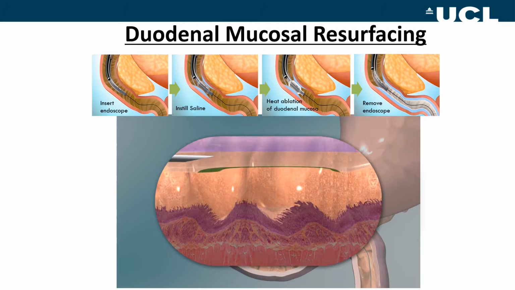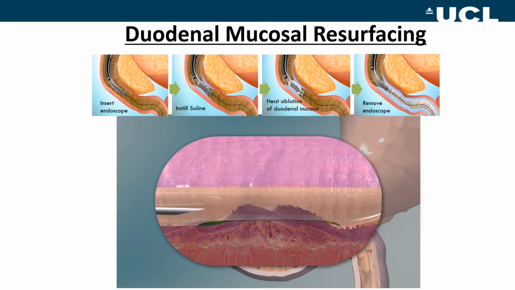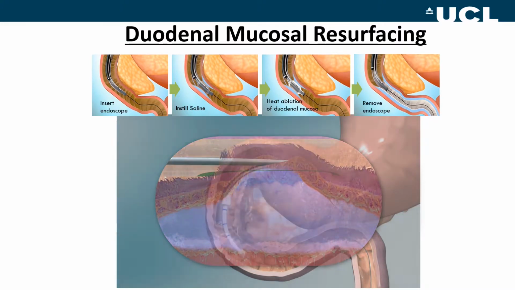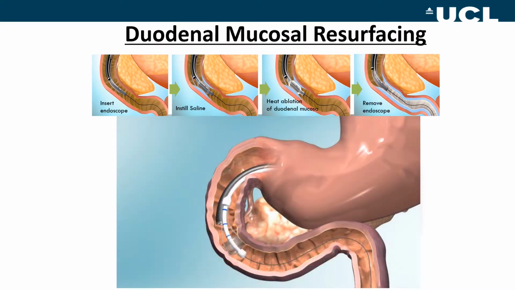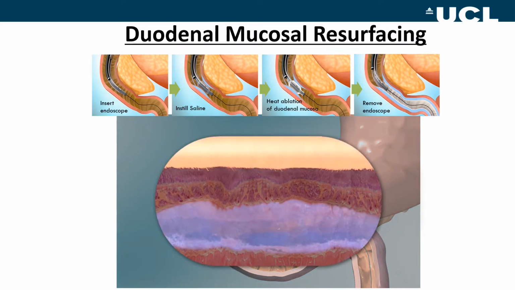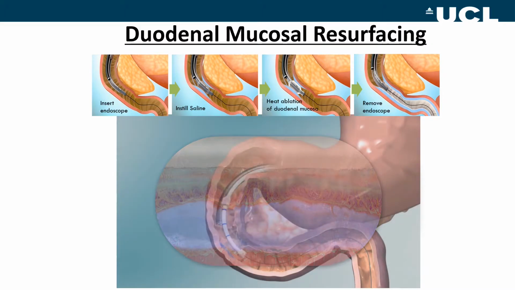What is then done is hot water is circulated through the balloon, creating a thermoablative intervention, thereby disrupting the duodenal mucosa. This procedure is started just distal to the ampulla, and sequentially we ablate 10 to 15 centimeters from the oral end to the anal end. And you can see this thermal ablation will disrupt the duodenal mucosa.